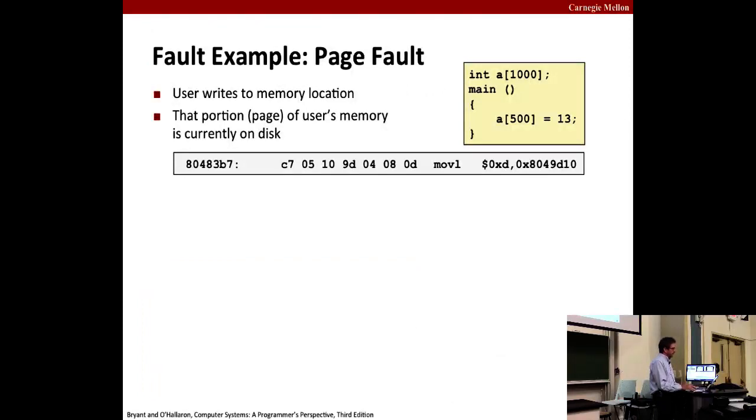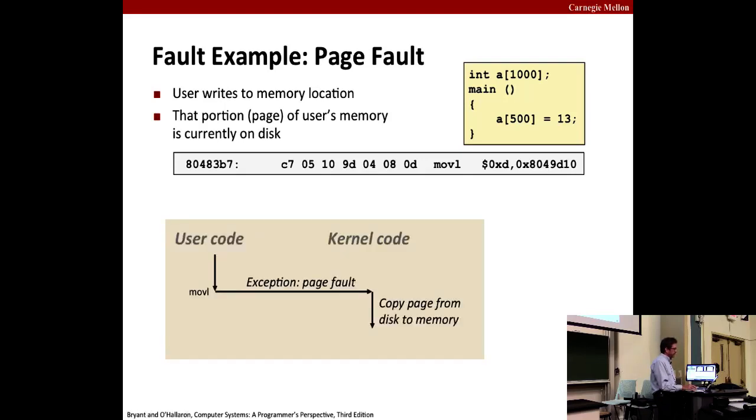So let's look at an example of a fault. Here, suppose we have this program that is writing into a valid region of memory, but it's not actually stored in memory. It needs to be loaded from disk into memory. So this is a so-called page fault. This instruction, this movl, because the memory at this address isn't available, triggers a page fault.